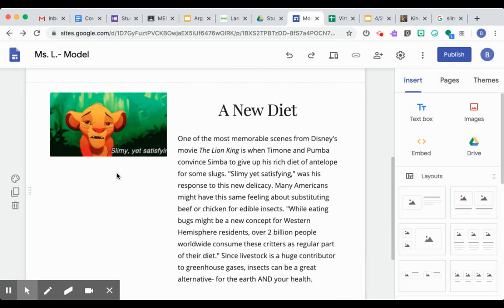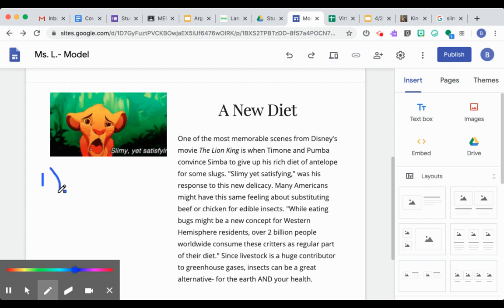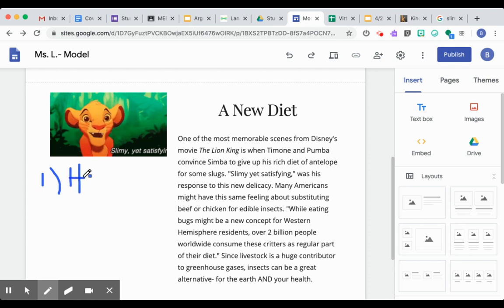Our objective today is creating an introductory paragraph for this next part of our website. An intro paragraph is going to do three things. Your first sentence is going to be your hook.